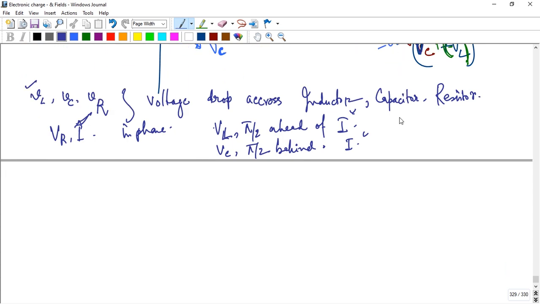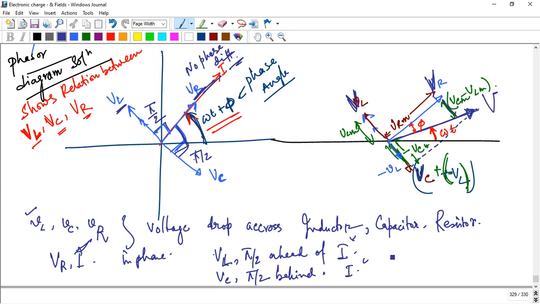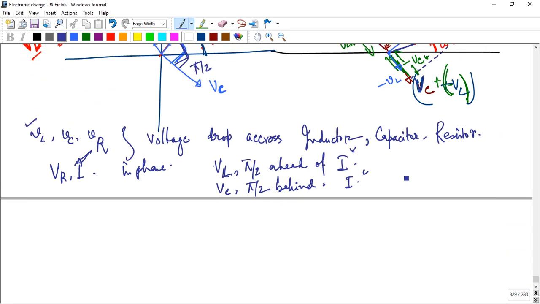So look at the diagram carefully. VRM, the maximum voltage across the resistor, is equal to the maximum current I times R. VLM, the maximum inductive voltage, is equal to IM times XL, the inductive reactance.